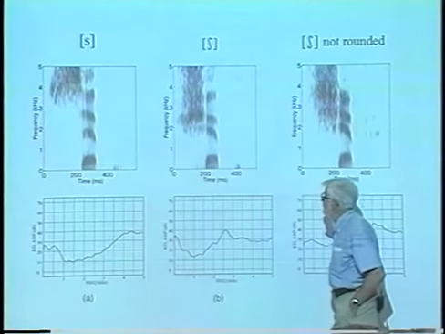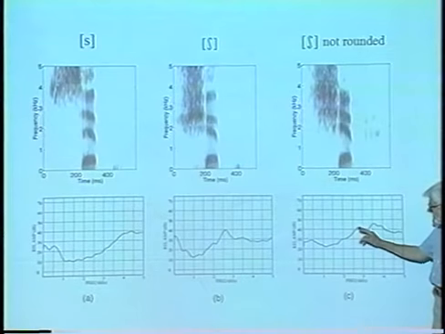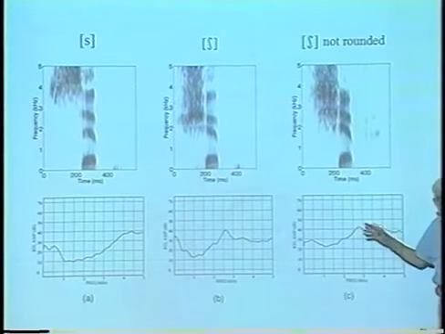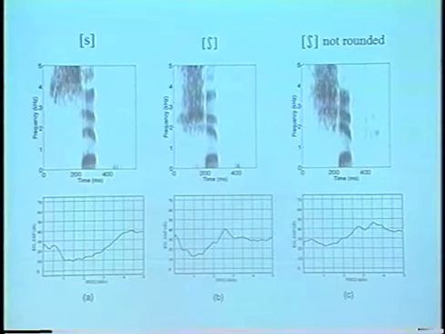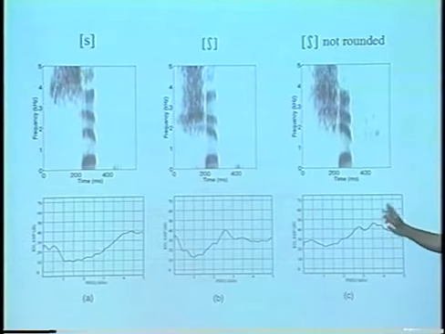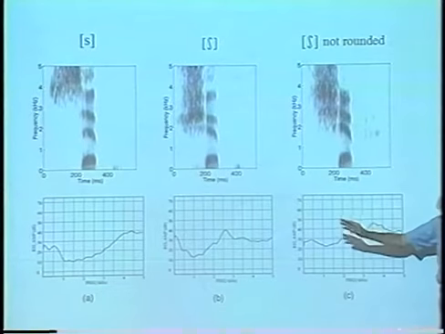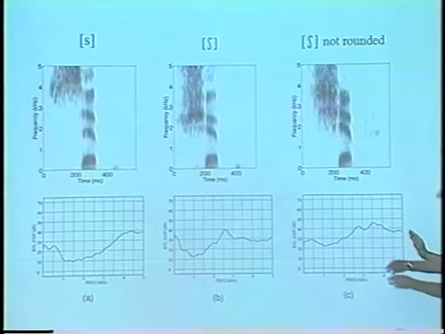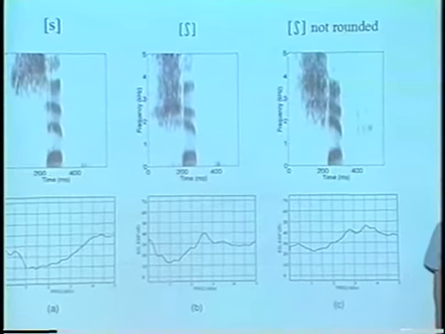If you don't round, you still get some kind of a peak here, but it's not as strong as this one. This is an example that was manufactured, if you like, to show that if you don't round the sh, you will not get such a strong distinction with the S, particularly if you think of the auditory system as compressing the high frequencies.